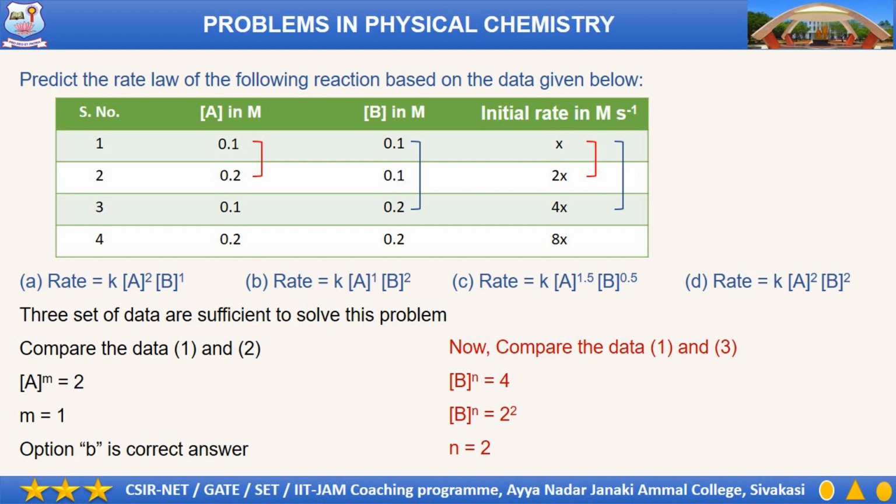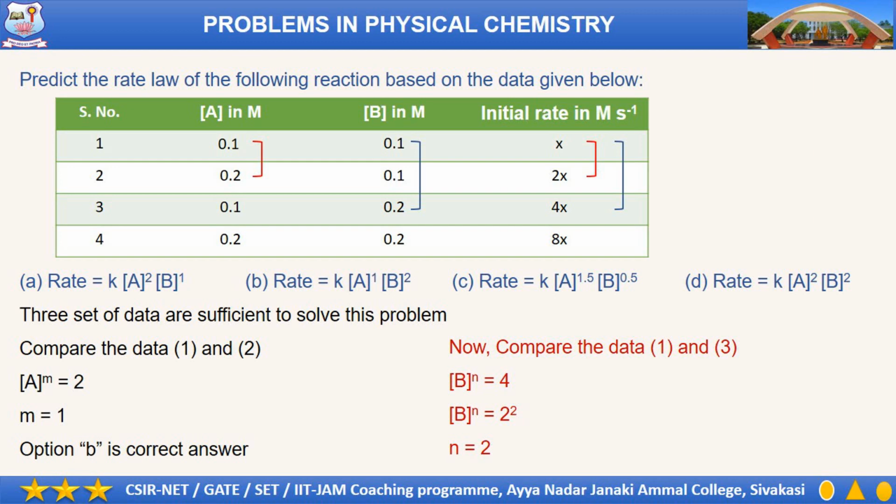And looking at the problem, you need only 2 orders, but here 4 sets of data are given. You do not need the 4th; 3 sets of data are sufficient. Looking at the first and second, which concentration is varying? The A concentration varies 2 times.